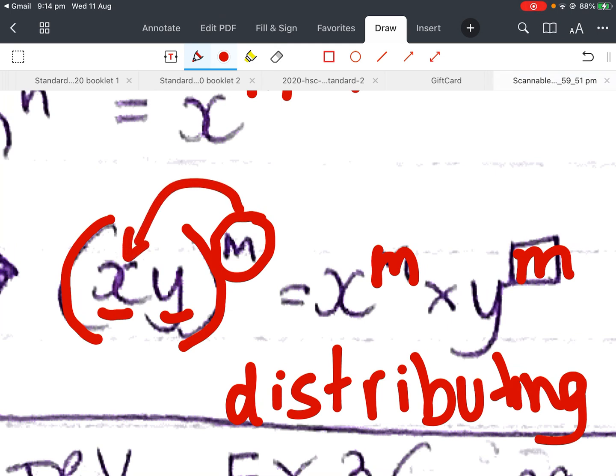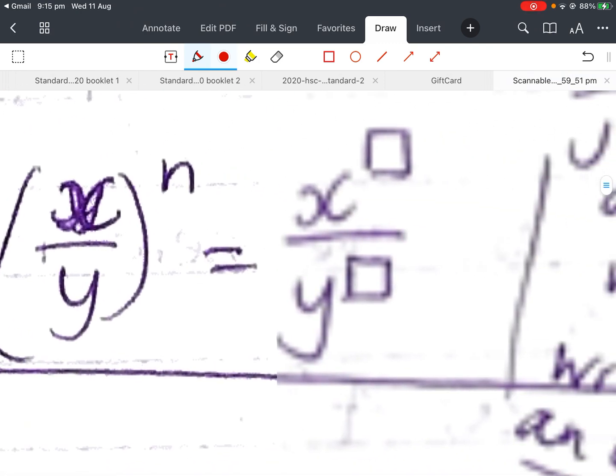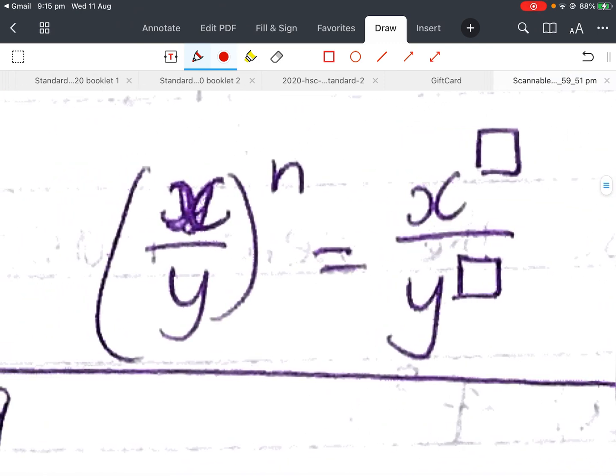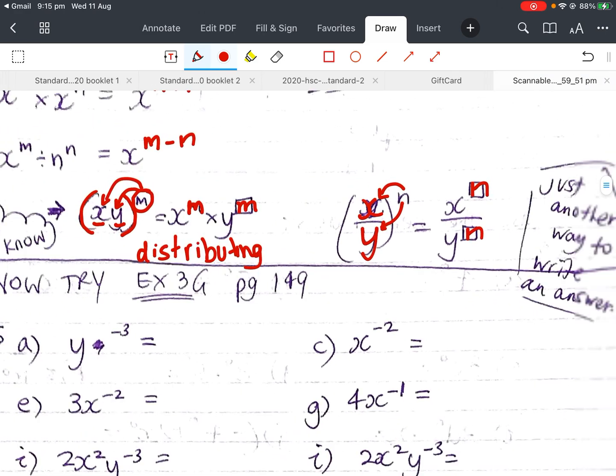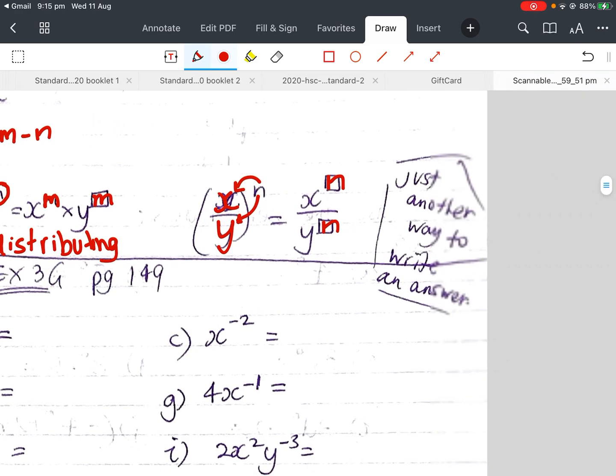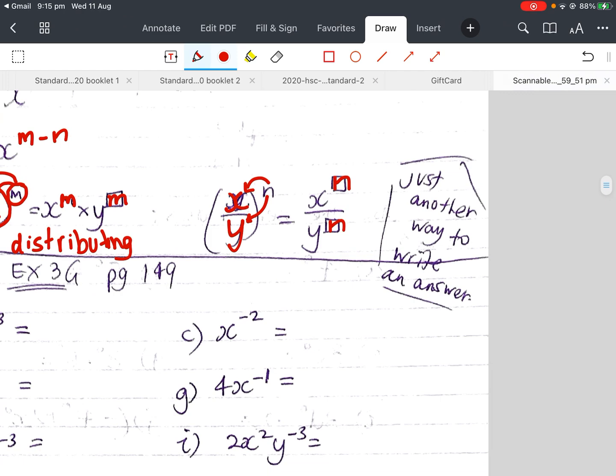You're giving an m to that one, and you're giving an m to that one. Alright, so the same with dividing. You can still distribute. The x is going to get an n, and the y is going to get an n. So when we write that out, we're going to put an n there, and we're going to put an n there. So that's a little rule you might need to know, and it's just another way to write your answer.